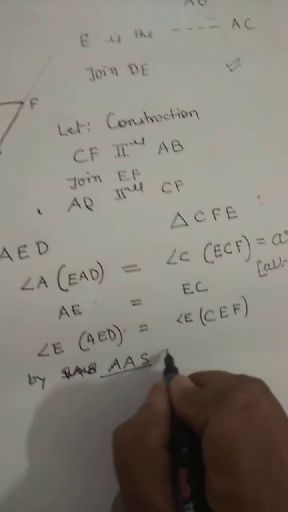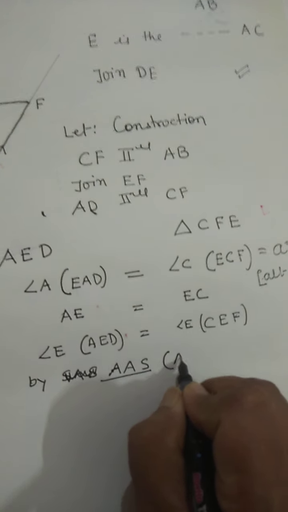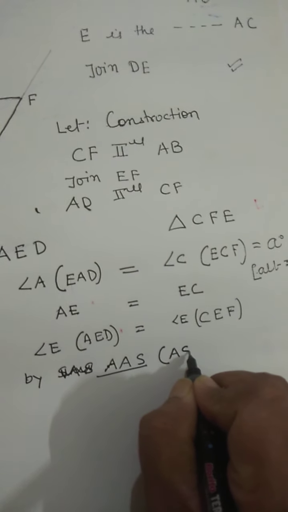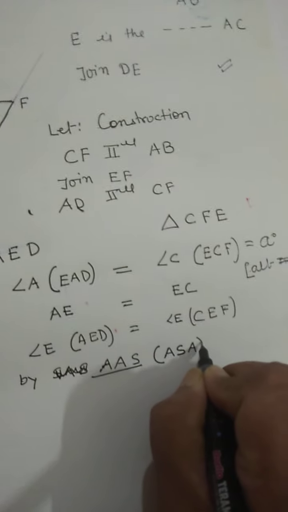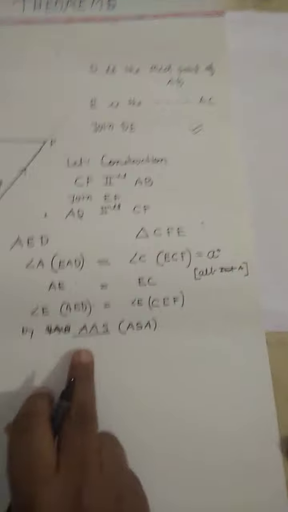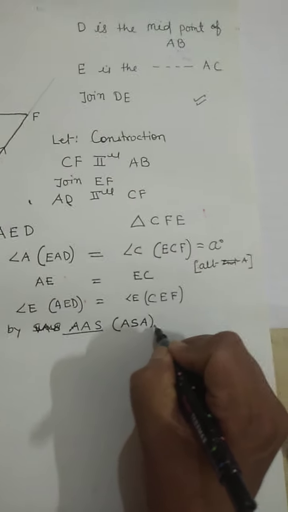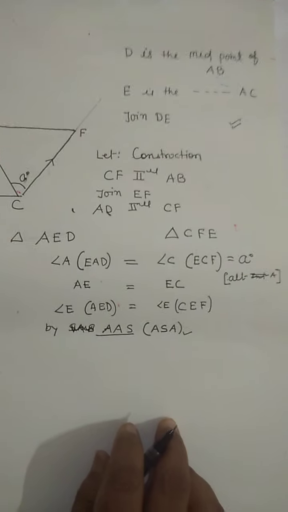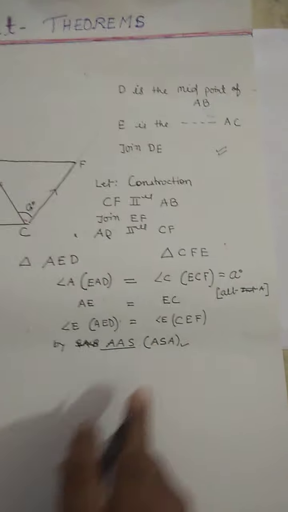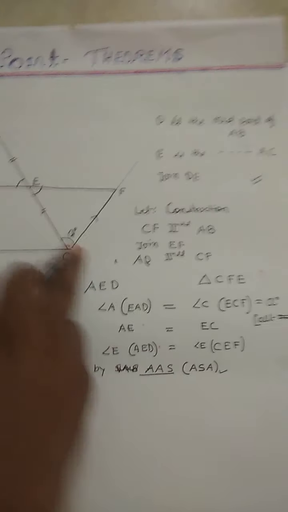In the sum book it is written AAS, no confusion, but conveniently you can write angle side angle. Children have a confusion about this one, but I am writing here angle side angle.